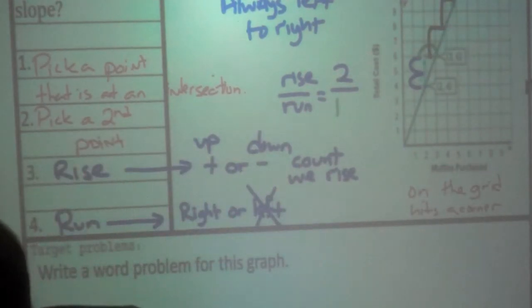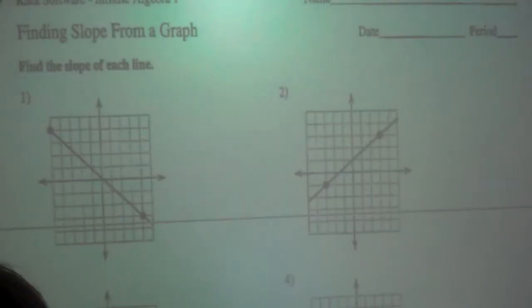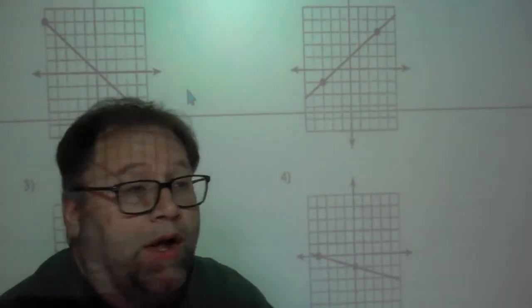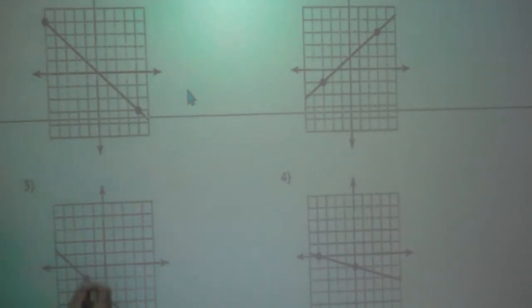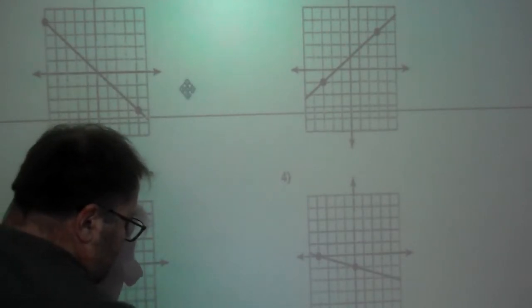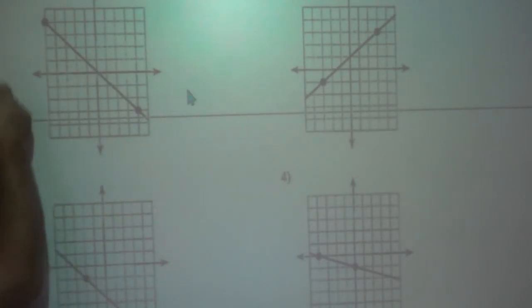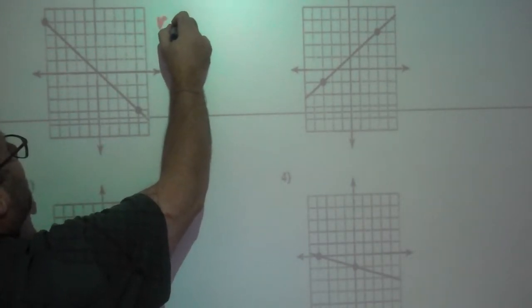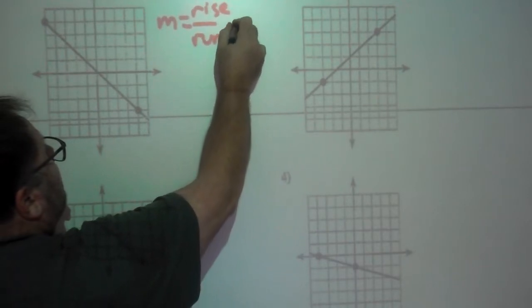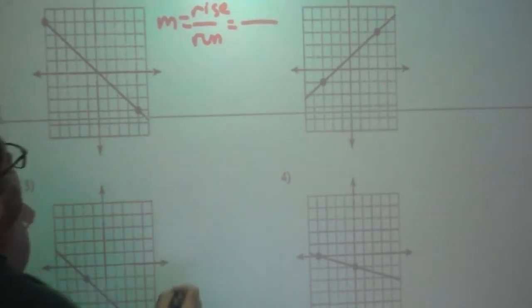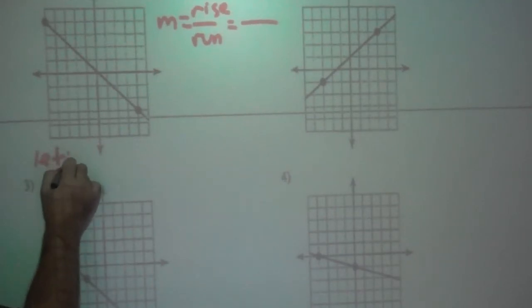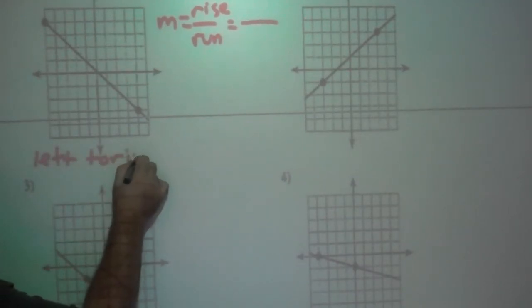Let's look at the homework, and we'll do the first 2 here real quick. Here's number 1. I've got a point here that's pretty obvious, and a point here that's pretty obvious. My slope equals rise over run, and I'm going to do the rise first. I've got to go from left to right.